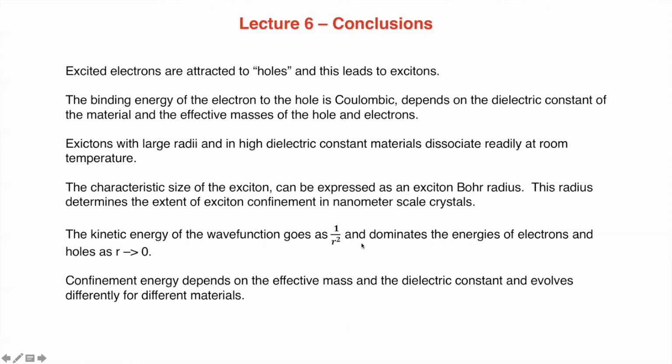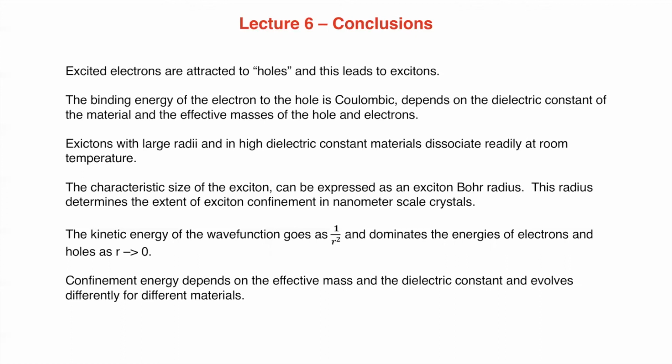All right, so that's what I have to tell you about confinement for today. The excited electrons in a semiconductor are attracted to holes, and this leads to excitons. And the binding of those two carriers is really a Coulombic type of binding. So it depends upon the dielectric constant, but it also depends upon the masses of the electrons and holes and how far apart they are. So excitons with large radii form in high dielectric materials with low effective masses and dissociate readily at room temperature.